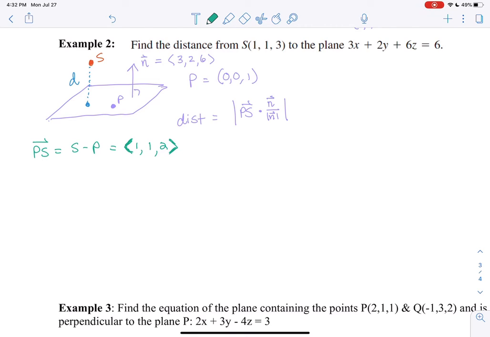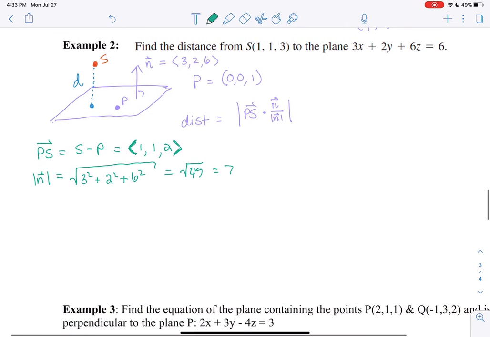Now I need to find the unit normal vector. So the magnitude of n is going to be equal to the square root of 3 squared plus 2 squared plus 6 squared, which in this case equals the square root of 49, which is actually 7.